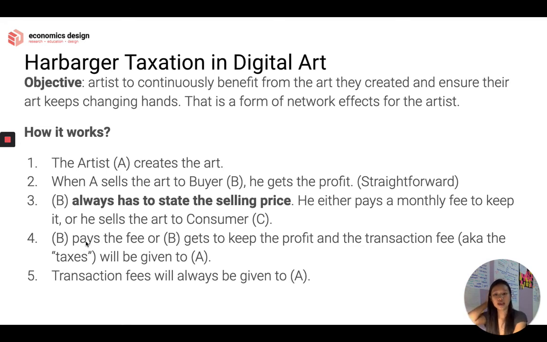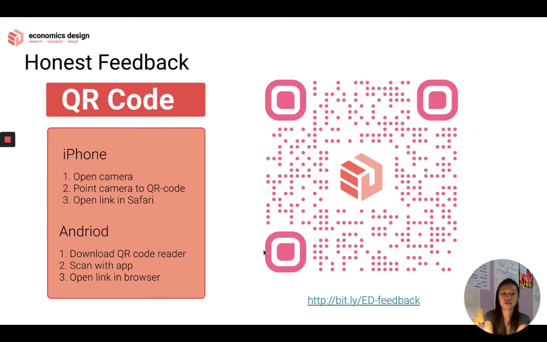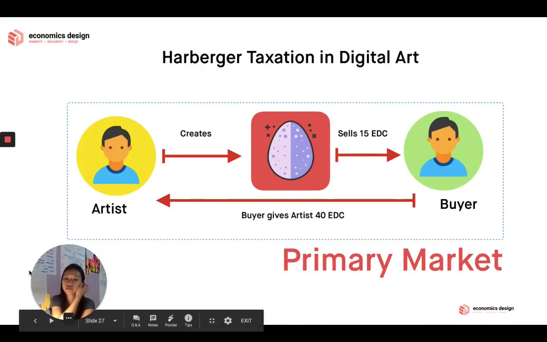And then B either pays the fee or B keeps the profit. And when B transacts the art, a transaction fee is created, and the transaction fee will go back to A, the artist. So transaction fees will always be given to artists. That's the general gist. Let's understand how it works now.